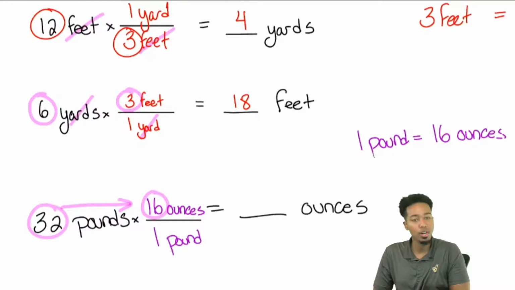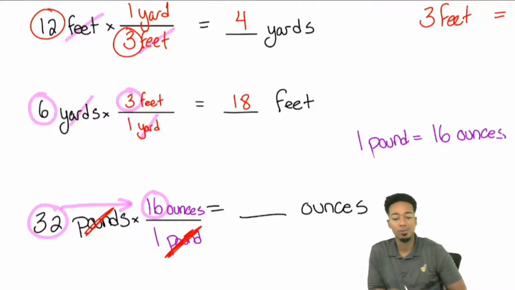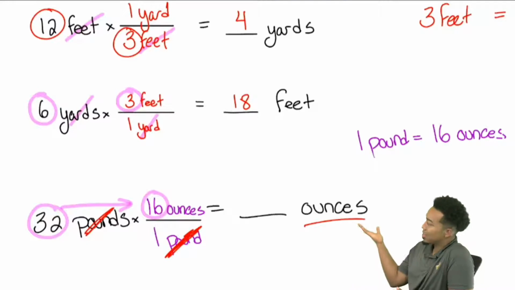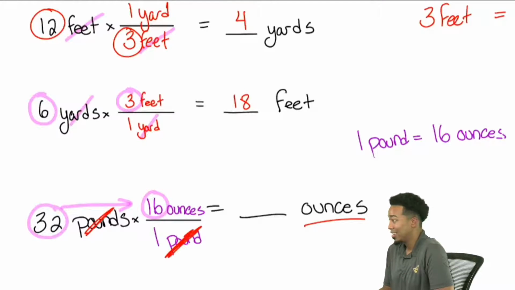Boom, that's straight up multiplication. And likewise, because you have pounds up top and pounds on bottom, that's what cancels out, leaving you with the ounces, exactly what you wanted. Now, are you happy about multiplying 32 and 16? Are you happy about that?